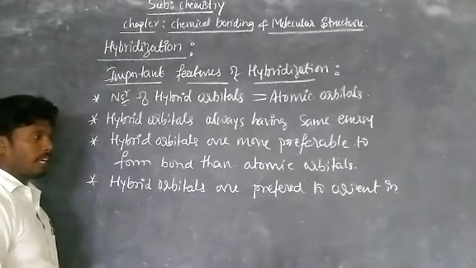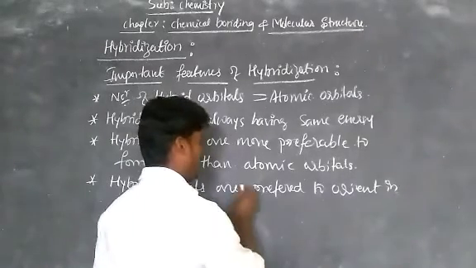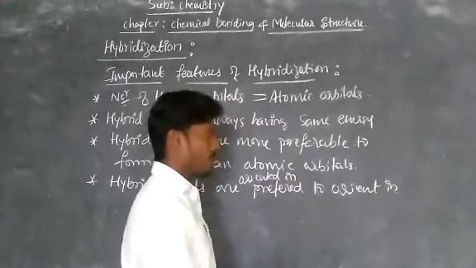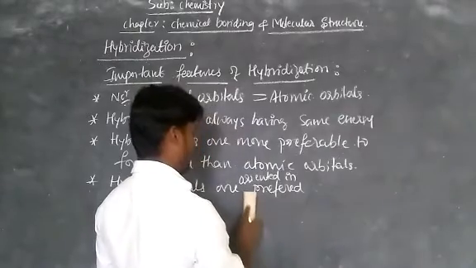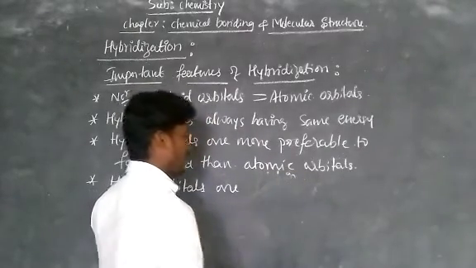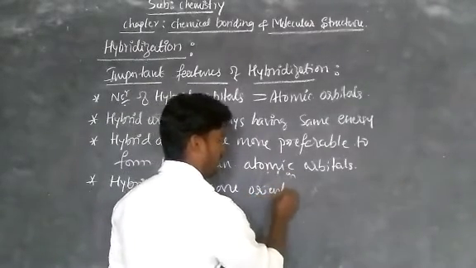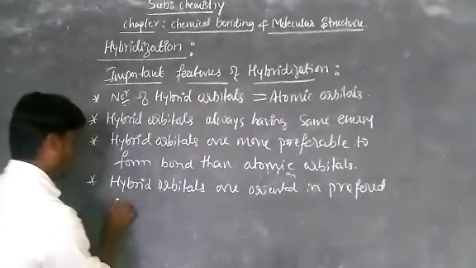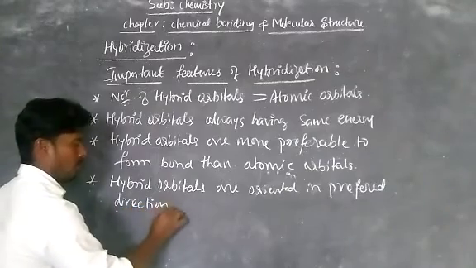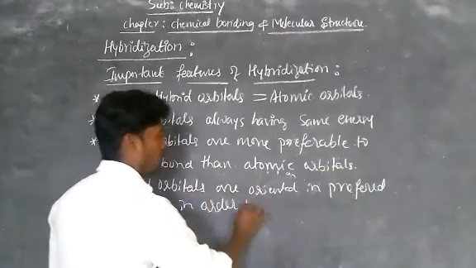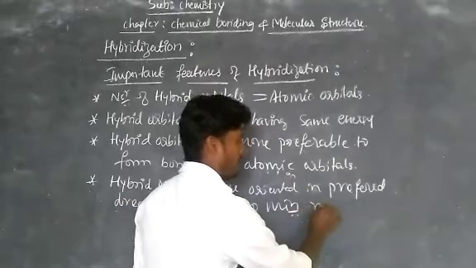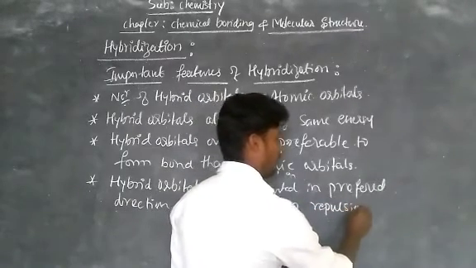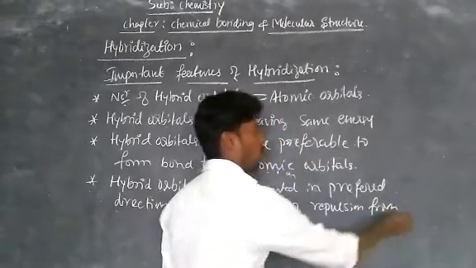Hybrid orbitals are oriented in the preferred direction in order to minimize repulsion from lone pair electrons.